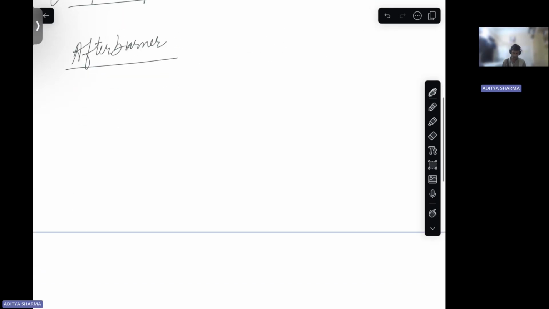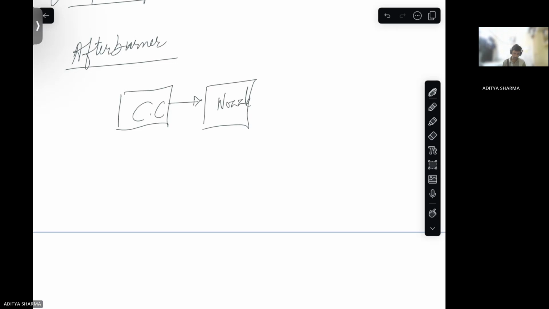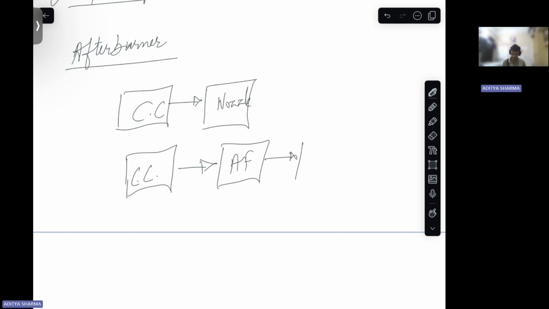Then there is the afterburner. What happens in the afterburner is that after combustion has taken place in your combustion chamber, it should go to the nozzle. What we do is we keep an afterburner here, and then we let it pass through the nozzle.